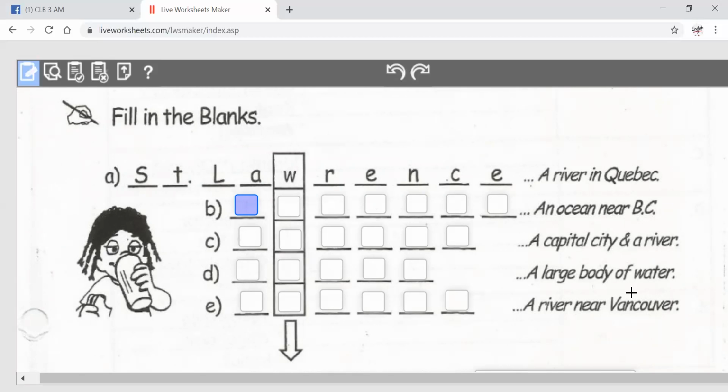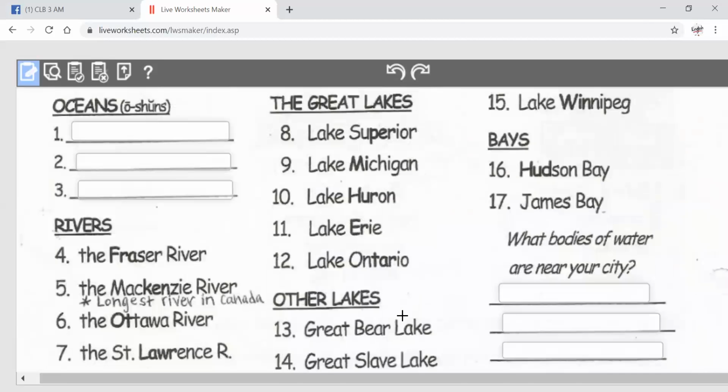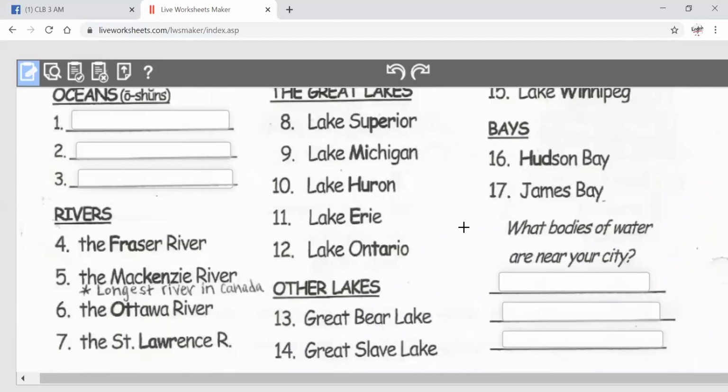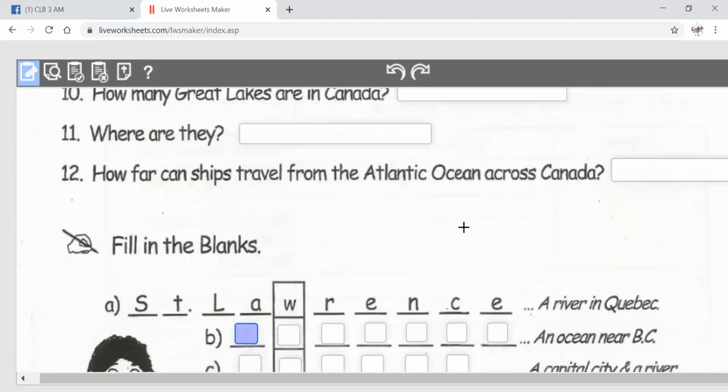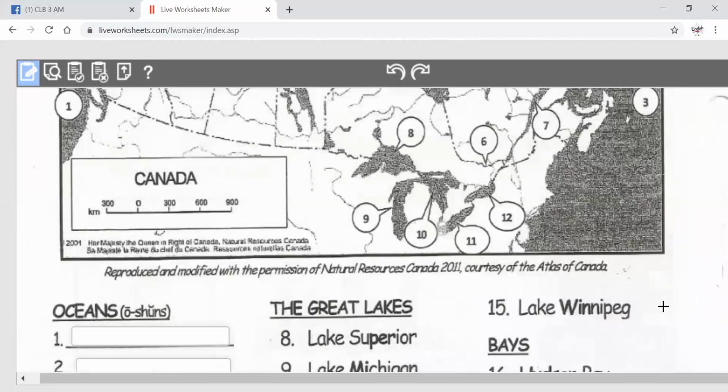Letter D, a large body of water. What's the word over here that is called a large body of water? Is it Great Lakes, rivers, oceans? What's the name of a very, very large body of water? And the last one, a river near Vancouver. What's the river near Vancouver?